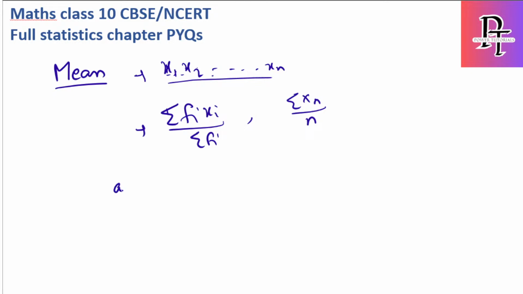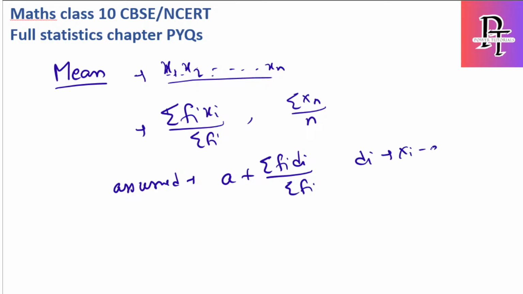So this is for the normal method of mean. For the assumed mean method, we have one more formula, which is a plus sigma fi di by sigma fi, where di is nothing but xi minus a, where a is the assumed mean. Then we have the step deviation method.